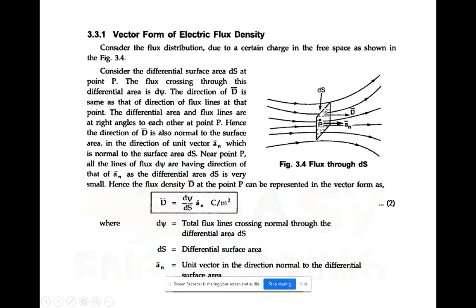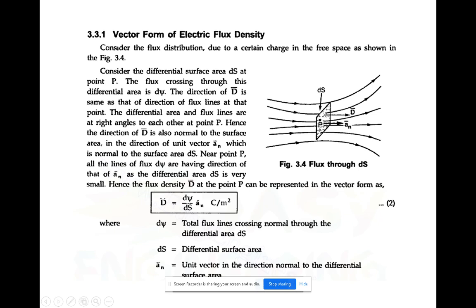The differential area dS and the flux line d psi are at right angles to each other at point P. So you can consider that both the surface area and the flux lines are perpendicular to each other.